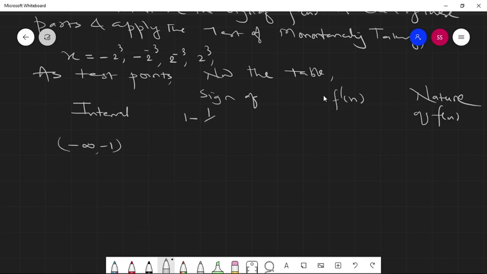The sign is 1 minus 1 by x to the power 1 by 3. One factor is this, and 1 plus 1 by x to the power 1 by 3 is another factor.